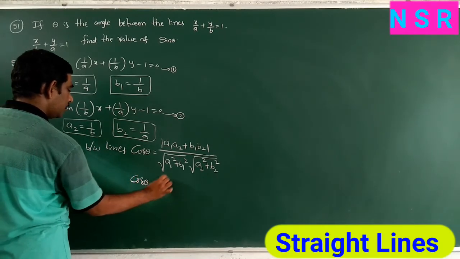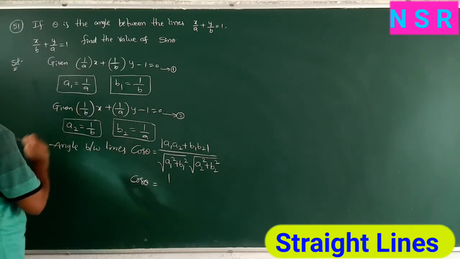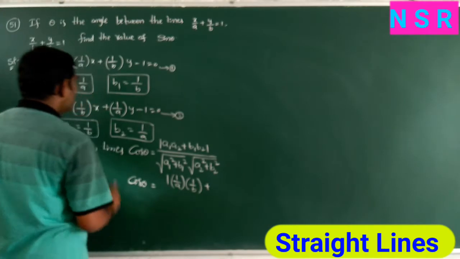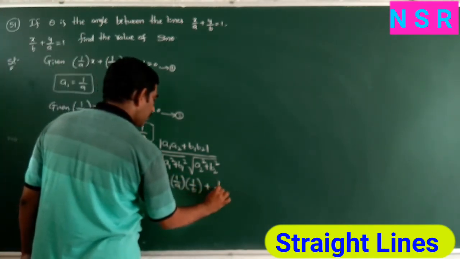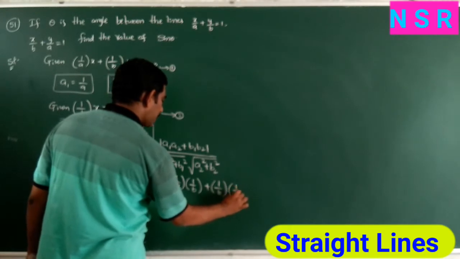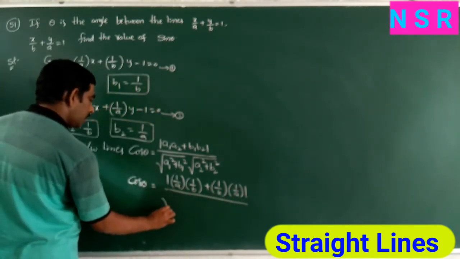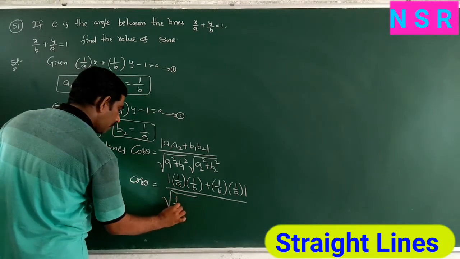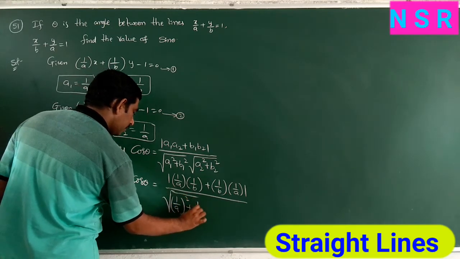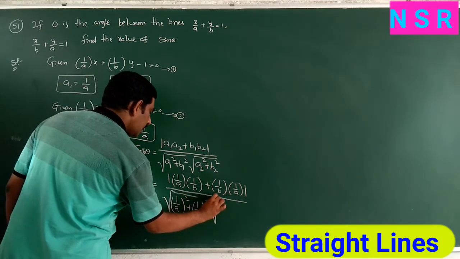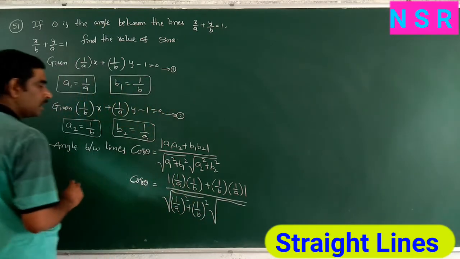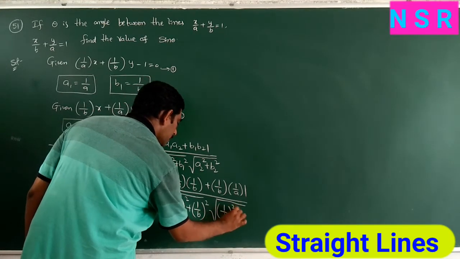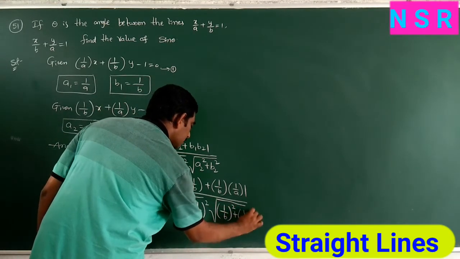Cos theta is equal to mod of a1 a2, 1 by a into 1 by b, plus b1 b2, 1 by b into 1 by a, by square root of a1 square plus b1 square, 1 by a whole square plus 1 by b whole square, into square root of a2 square plus b2 square, 1 by b whole square plus 1 by a whole square.